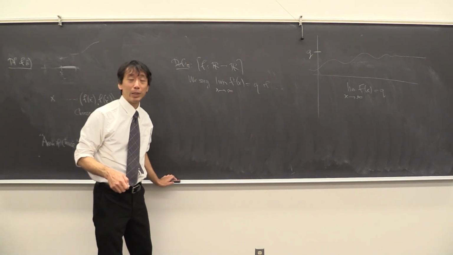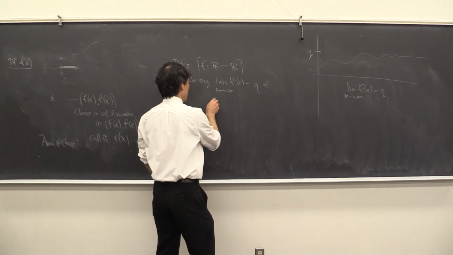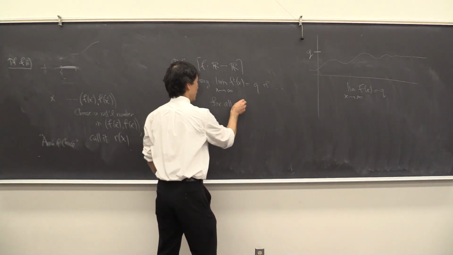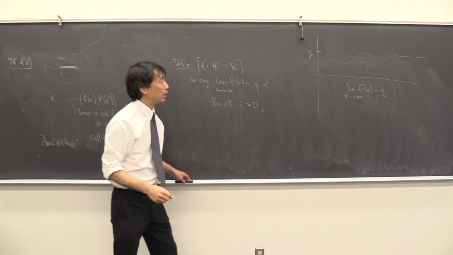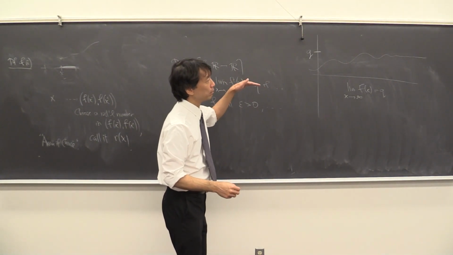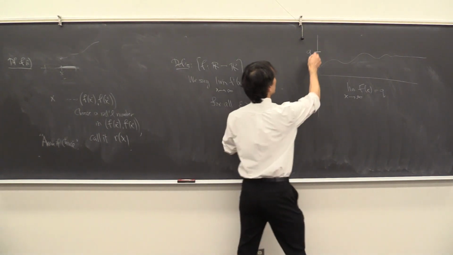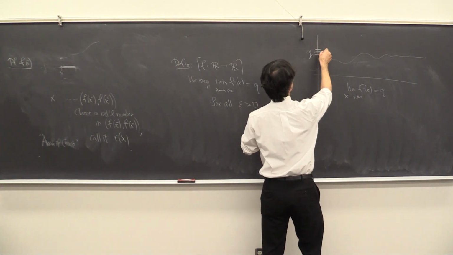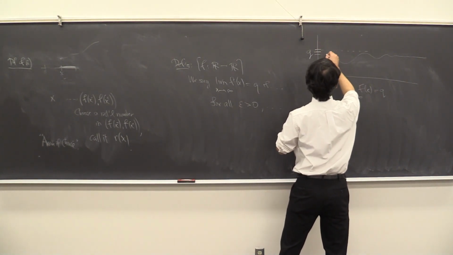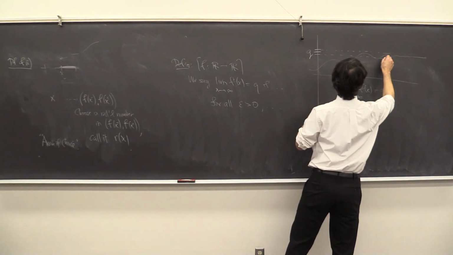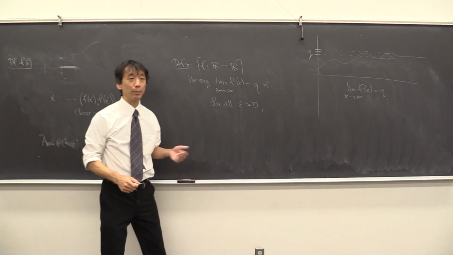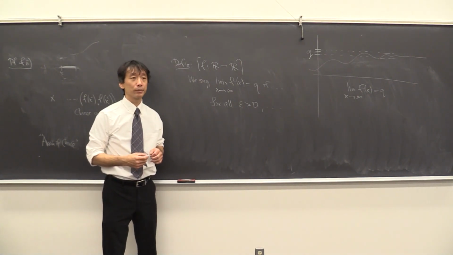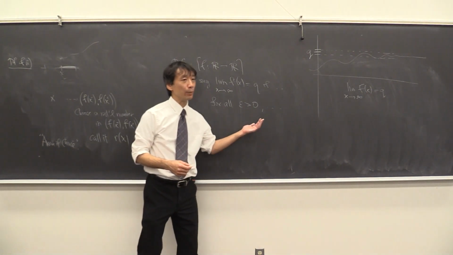Anybody see how we might do it? If, given any epsilon, somebody gives you an epsilon, you should be able to find something where the epsilon condition is satisfied. What should be a neighborhood of infinity?